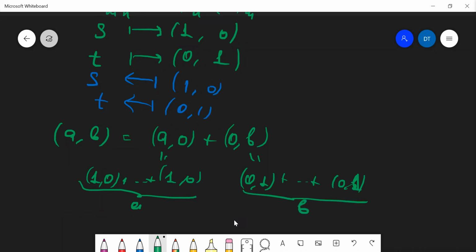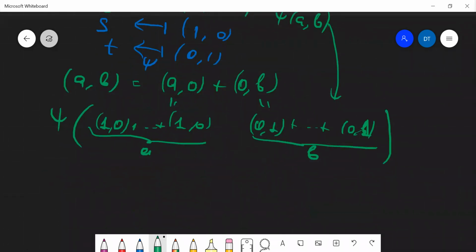So when you apply the inverse isomorphism, let's say it's psi, to (a, b), this is the same as applying psi to this sum. But since psi is a homomorphism, it takes the operation to the operation.